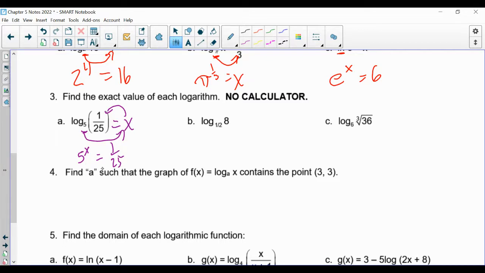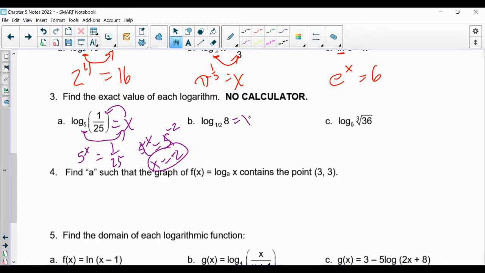Reason that's helpful is now I can do my strategy of getting the same base. So 5 looks like a good base. To make 1 over 25 5 to some power, well, the 1 over means it's negative, 25 means it's squared. So the 5's cancel, x equals negative 2. So that means log base 5 of 1 over 25 is equal to negative 2.